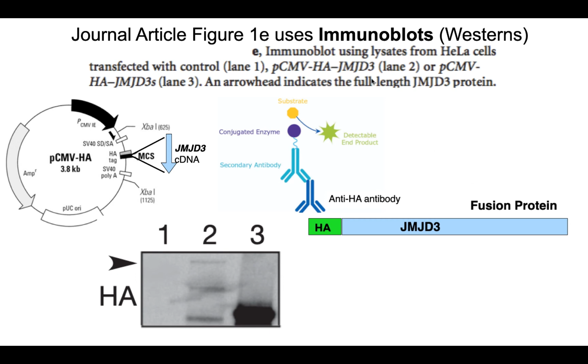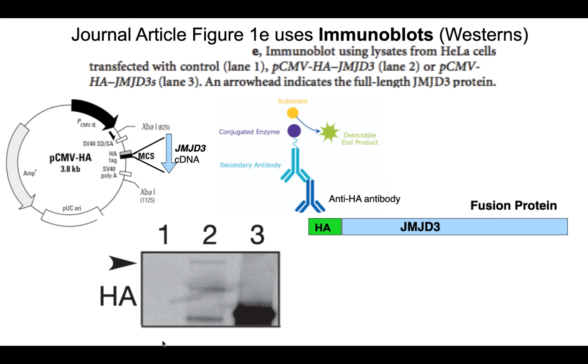So lysate means they break open those HeLa cells. They take all the protein from those HeLa cells, they run them out onto a gel. Okay, so there's lots and lots of proteins, not just this one, but lots of other proteins. And then they make an immunoblot, and they probe the immunoblot with an antibody that specifically detects this HA portion of the fusion protein. They then develop it, and this is what they see.